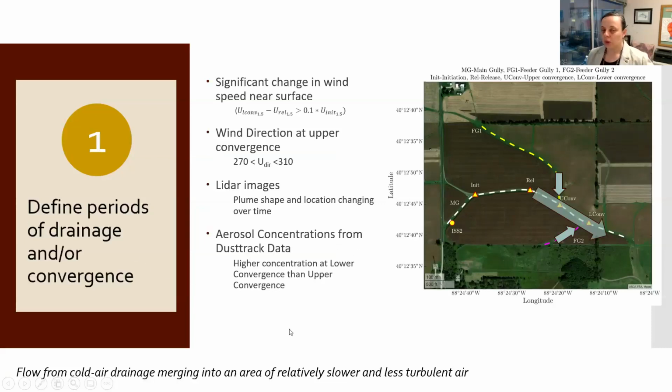And then we have not yet looked at the aerosol concentration data from the lower convergence and upper convergence towers, to see if more aerosol means more material is moving down the gully. So we're really focusing on these two areas, the upper convergence and the lower convergence area, where again we have these two slopes colliding into a slightly flatter region.